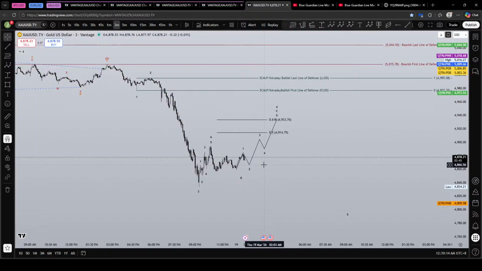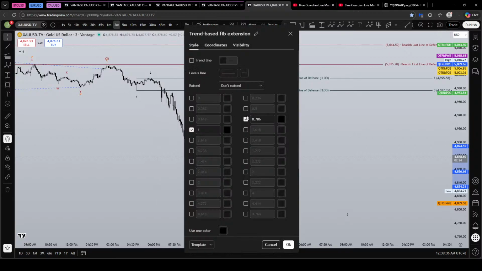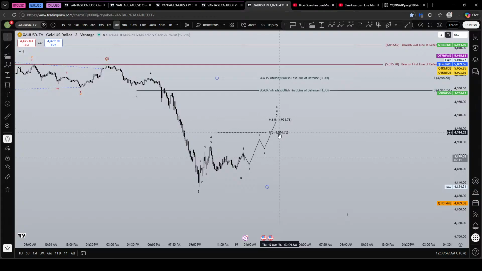However, based on the internal waves here in Elliott wave theory, if we apply the rules of measuring, the acceptable wave C price level will be at 0.786 or 1 using trend-based fib extension, which is within the 0.5 retracement level for a wave 4.